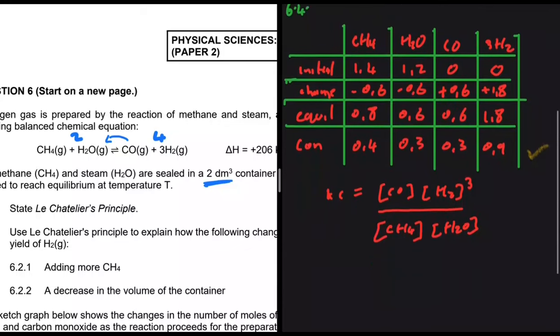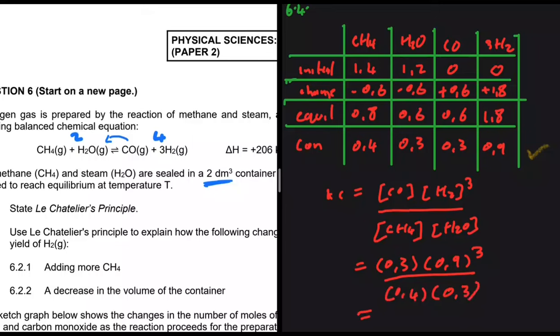So there we go. The concentration of carbon monoxide is 0.3. That of hydrogen gas is 0.9, and we take that to the power 3. Everything divided by methane, 0.4, multiplied by water, which is 0.3. So we put that in our calculators.